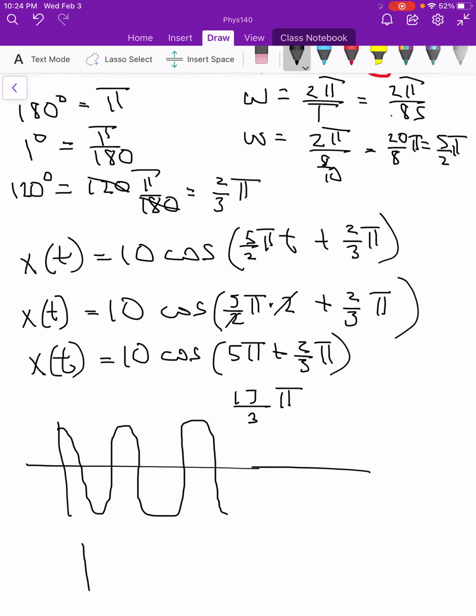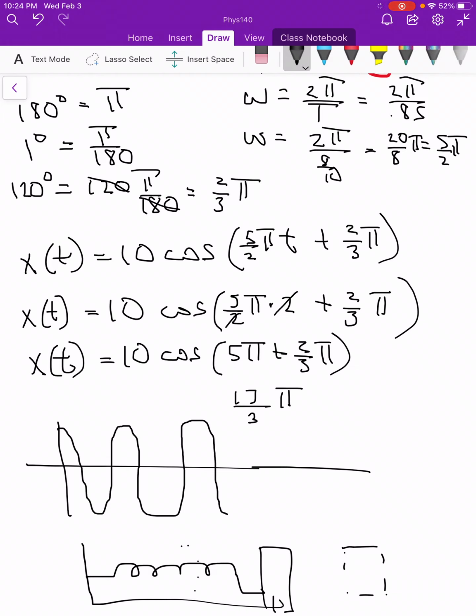If I think about my spring and my block, if I have my block over here, that's in the positive direction, and if I have my block over here, that's in the negative direction on my graph. So I'm at 5 pi here, and I have to go to 2/3 pi.